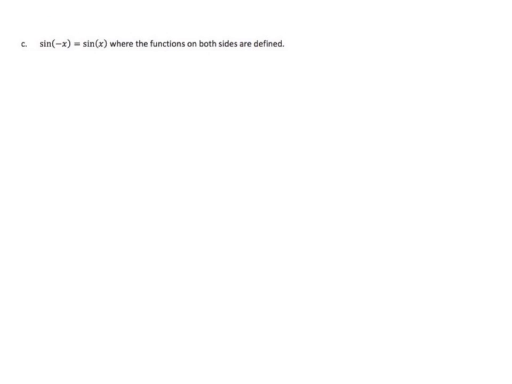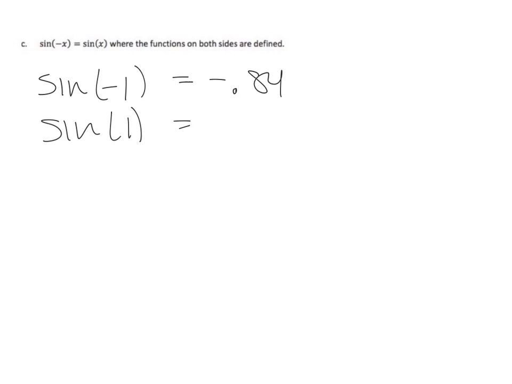All right, let's look at sine of negative x equals sine of x. Again, try a few values out. If we look at sine of negative 1, I get negative 0.84 with some rounding, and then sine of 1, I get positive 0.84.